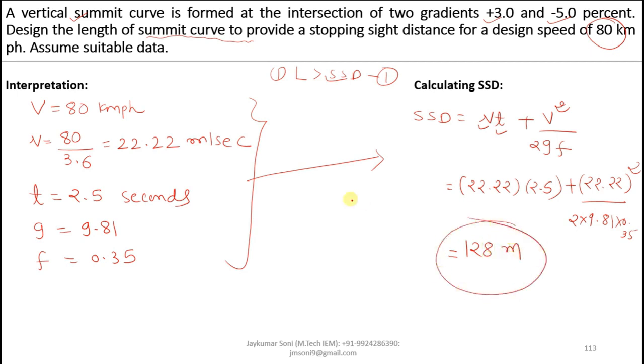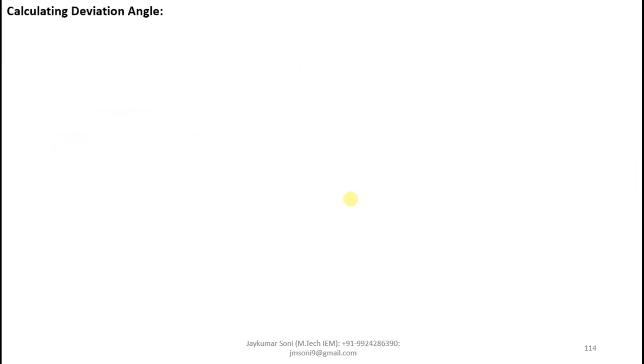So this is the first step. Now we will assume a criteria. The consideration taken over here is L is more than SSD. This is our assumed criteria.